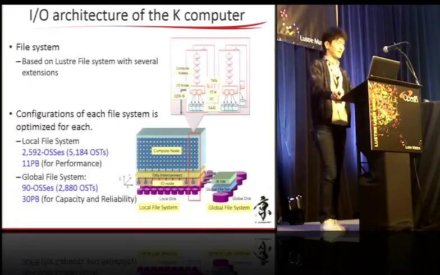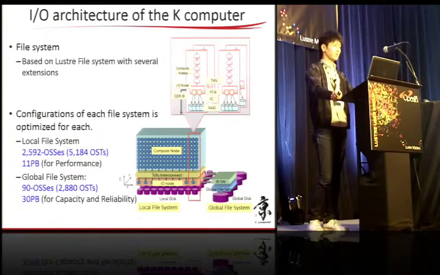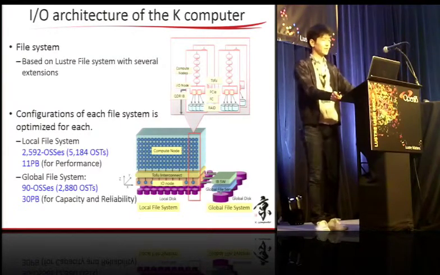This slide is the I/O architecture of the K computer. K computer has 2 kinds of file systems. One is local file systems, and the other is global file systems. Both file systems are based on Lustre file system with several extensions.